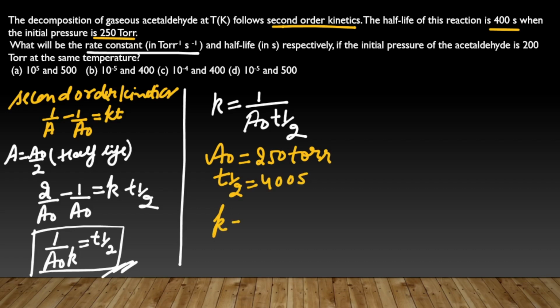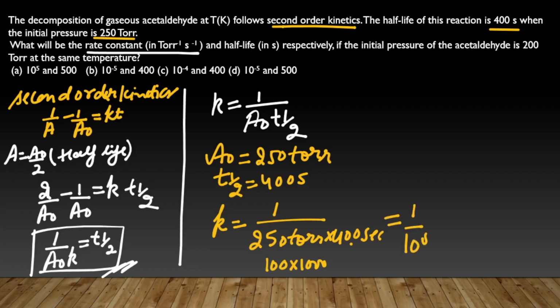Substitute this: the rate constant is 1 by 250 torr into 400 seconds. Now 25 fours are 100 and 3 zeros, so overall it becomes 10 raised to the power of 5 in the denominator, which goes to the numerator and becomes 10 raised to the power of minus 5. So this is the rate constant value.